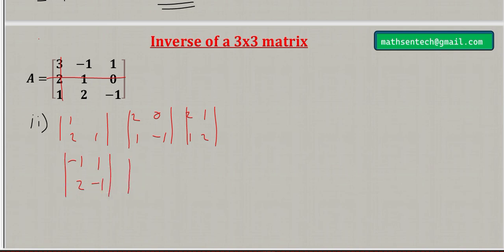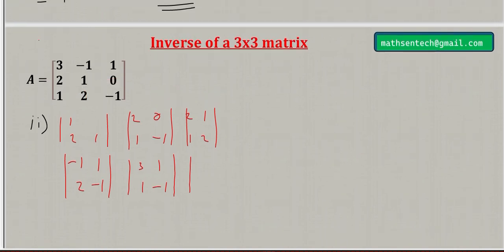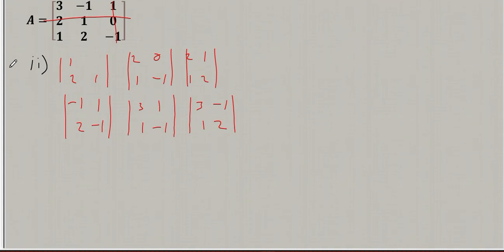You go to the next one. Again, this and that. So you'll be remaining with 3, 1, 1, negative 1. And you're done. You go to the next one. Now you're at 0. Remember, you're looking for the minor of all the elements. So you're left with 3, negative 1, 1, 2. Then you go to the last row. The last row you having 1, so you cancel 1 like this.